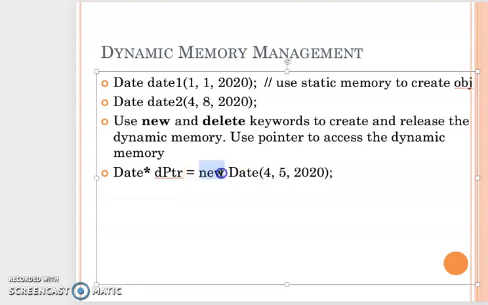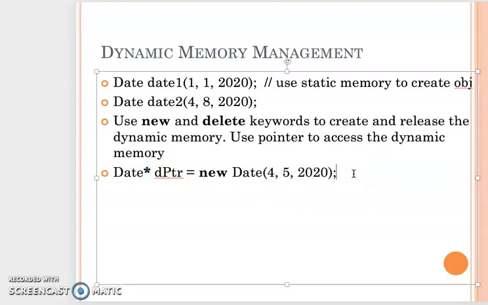Here you're using the new, so this object's location will be in dynamic memory. Since you want to refer to the date object, you need to create a date pointer, so you have a date pointer to refer to the object.